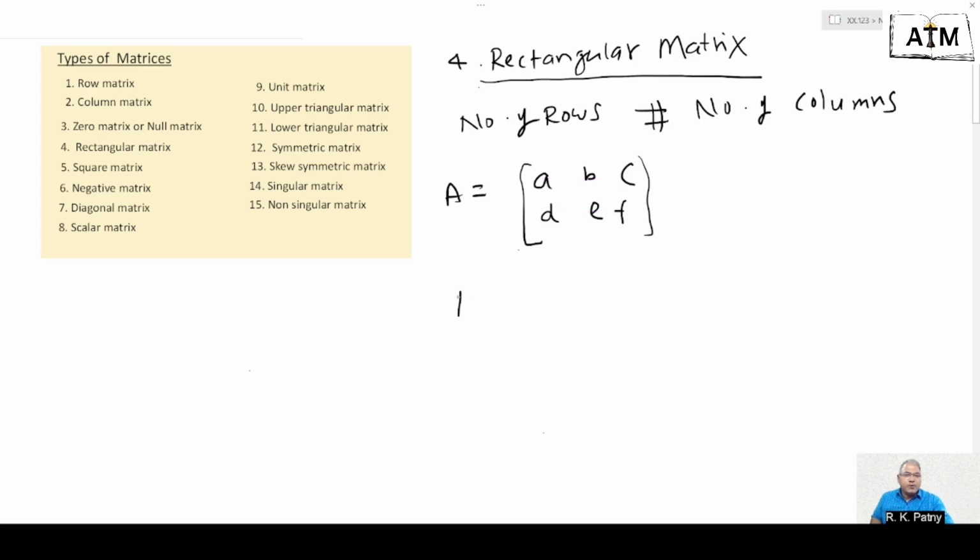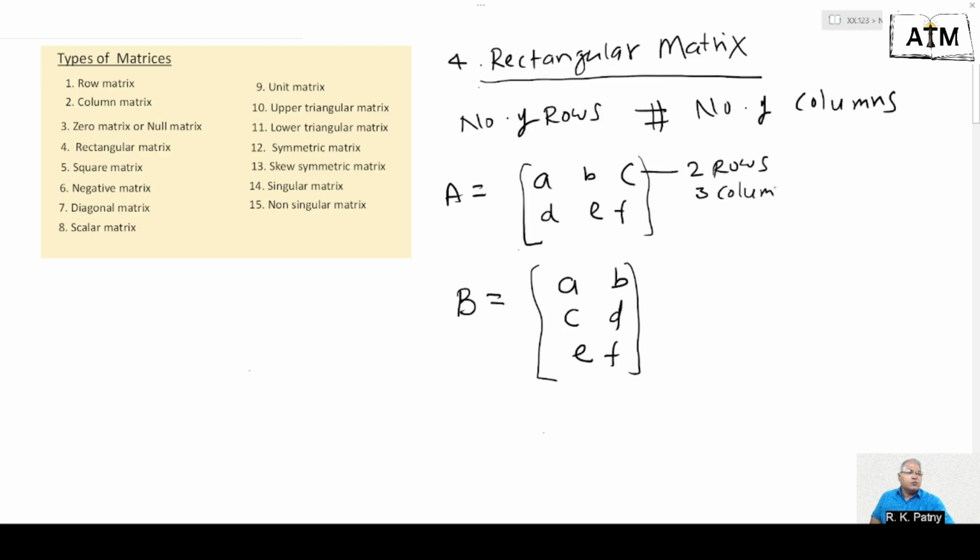One more example, suppose B equals to A, B, C, D, E, F. Even it is a rectangular matrix, because the number of rows is not equal to the number of columns. In matrix A, there are 2 rows and 3 columns.